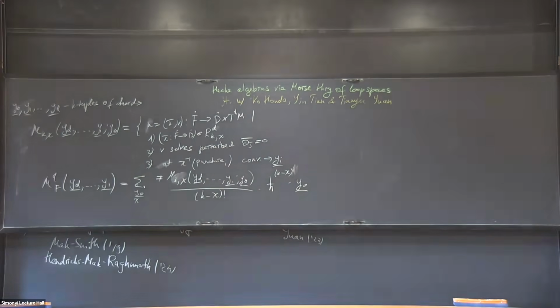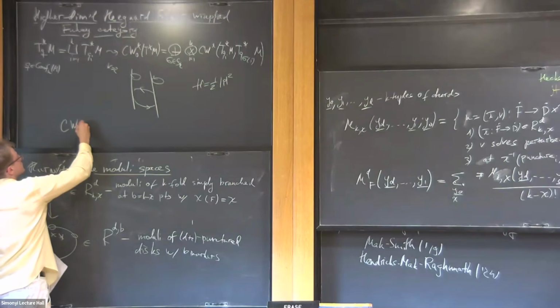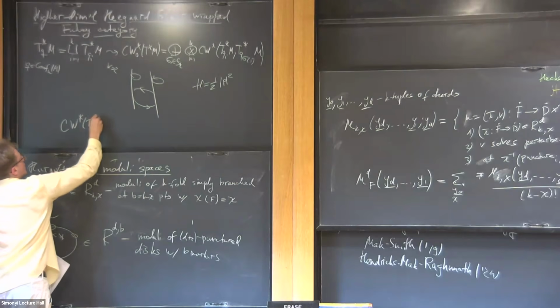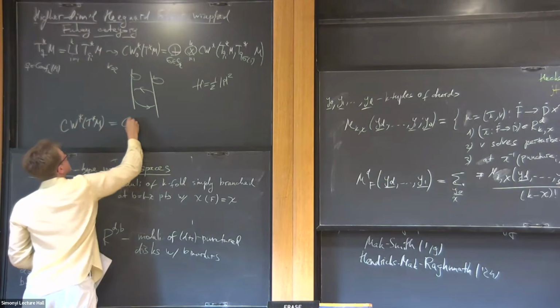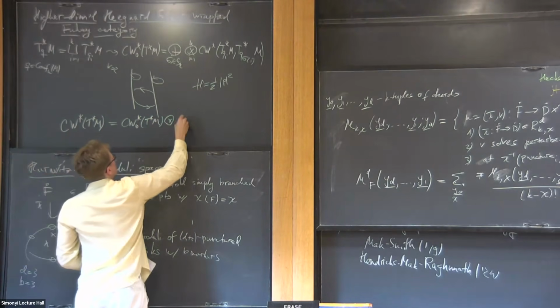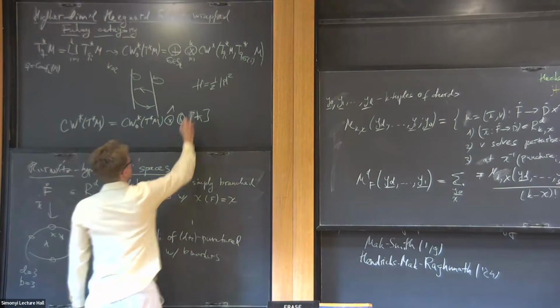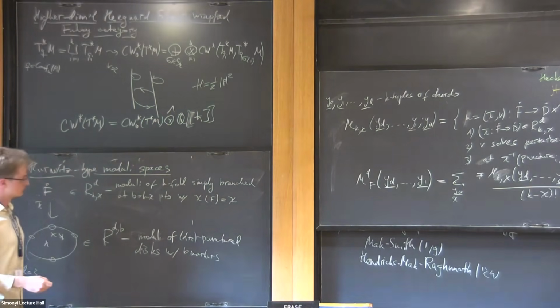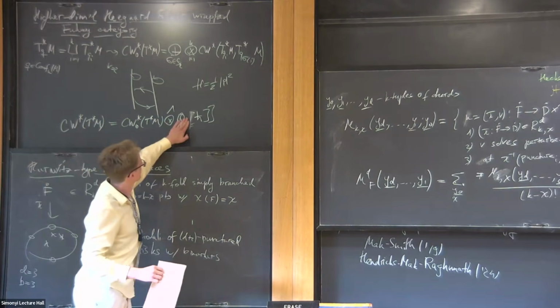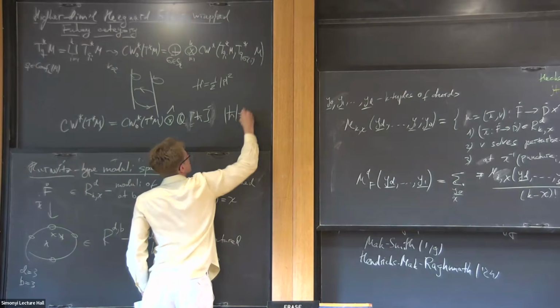And these are all signed counts. I forgot to write something here. The whole model that we are interested in is the formal completion of this model with respect to Q. No, sorry. Yeah, h bar here is a variable in degree 2 minus n.